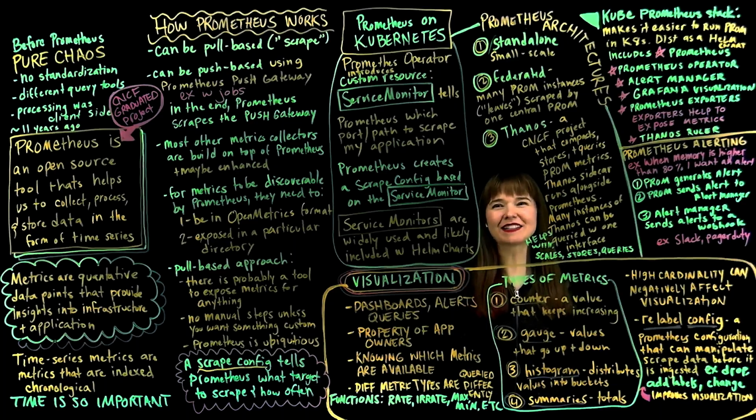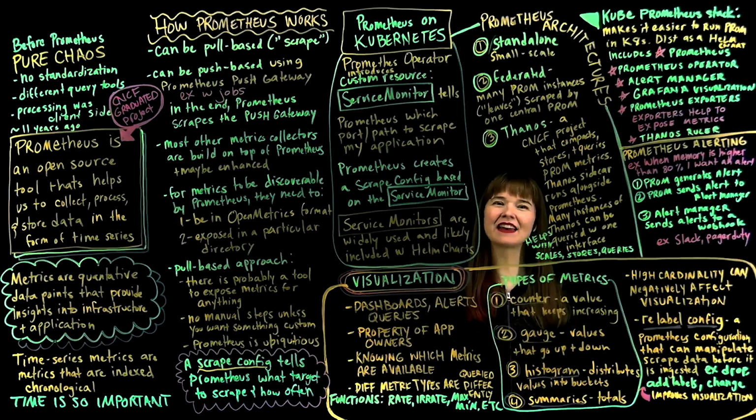And then how do you know what to collect metrics about? Well, it really is a matter of experience and knowing your application and infrastructure well and what you need to observe. And if you don't have that experience yet, what's a good place to get started? A good place to get started is always to use the community instrumentations.